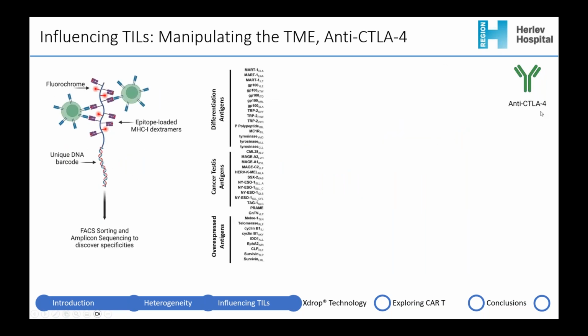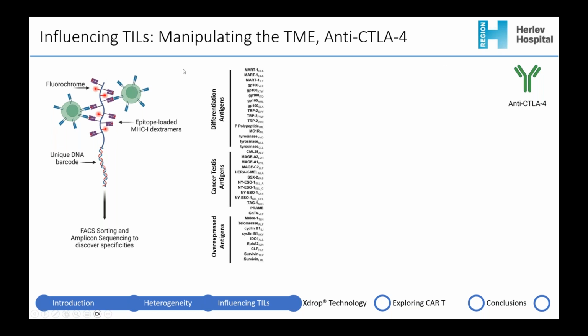So with CTLA-4, an interesting finding was that it can broaden the scope of the reactivity that we see. To explore this, we used this dextramer technology. Attached to this dextran backbone are MHC molecules with which we could load peptides from this library.